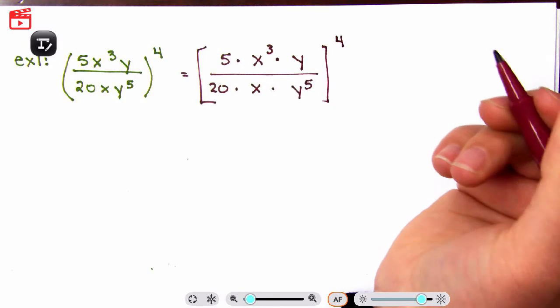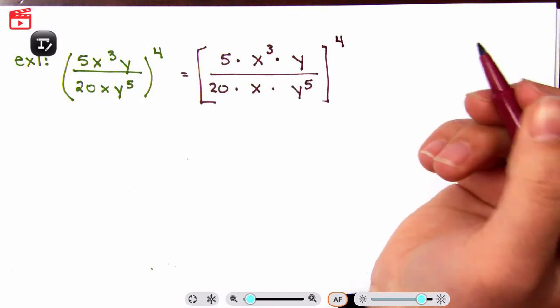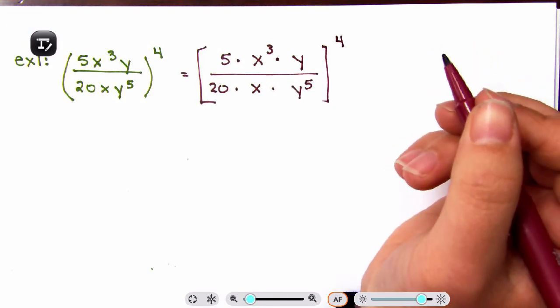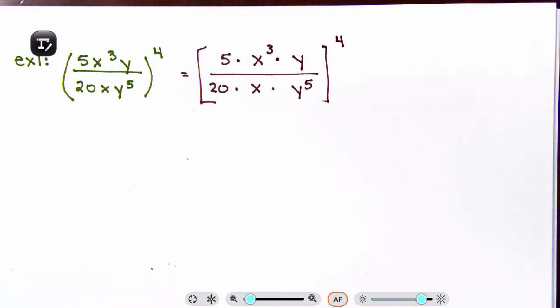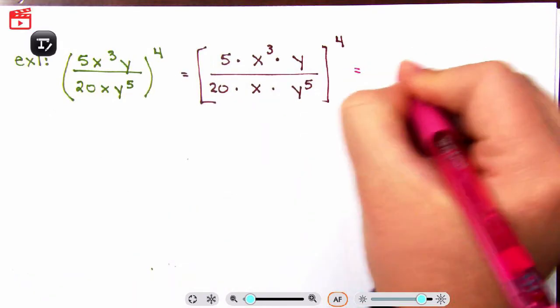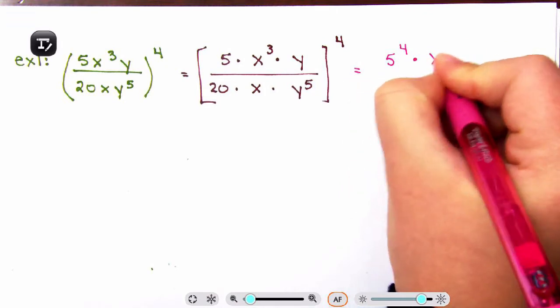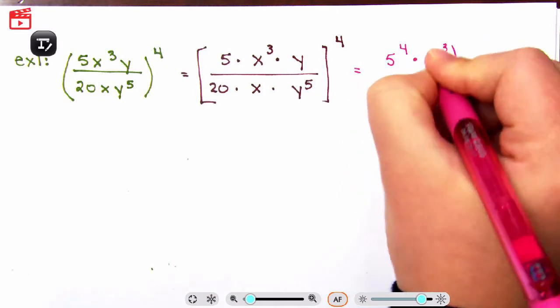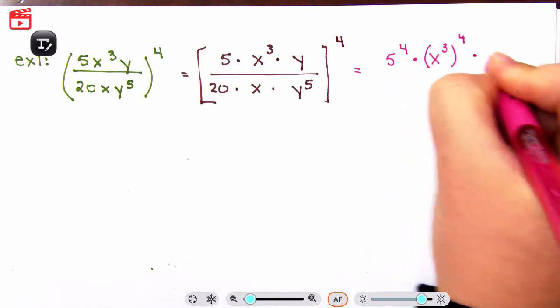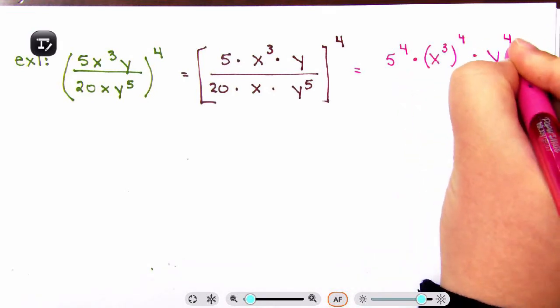Remember, for your quotient, every single term gets that exponent. So what I really have is 5 to the 4th power times x cubed to the 4th power times y to the 4th power.